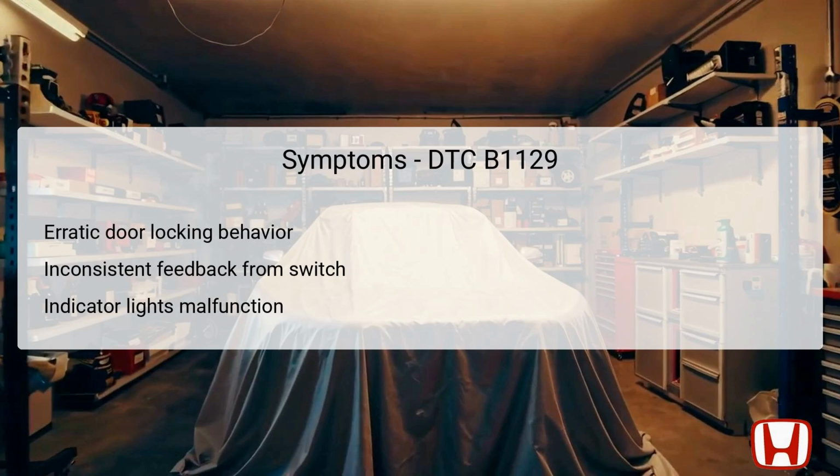Additionally, there may be inconsistent feedback from the driver's door lock knob switch, leading to confusion when trying to secure the vehicle. Drivers may also notice that the indicator lights that signal lock or unlock may not function as intended. Recognizing these symptoms provides a critical starting point for diagnosing the underlying problem and implementing solution strategies.